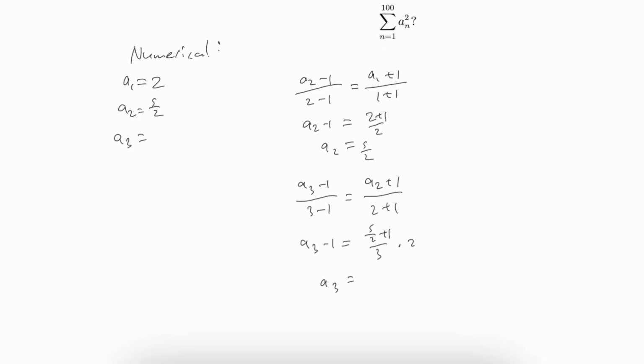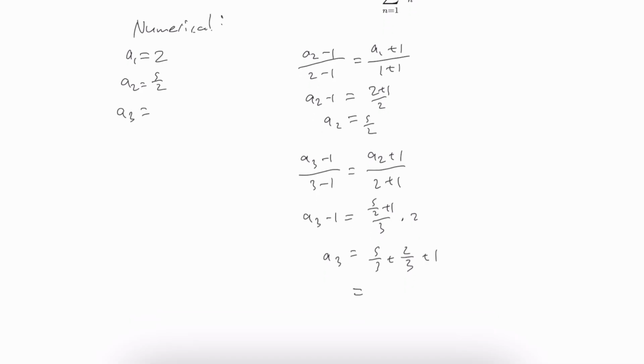It is 5 over 3 plus 2 over 3 plus 1, which is 10 over 3.